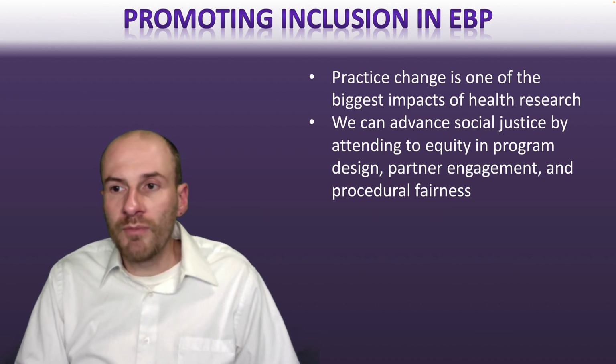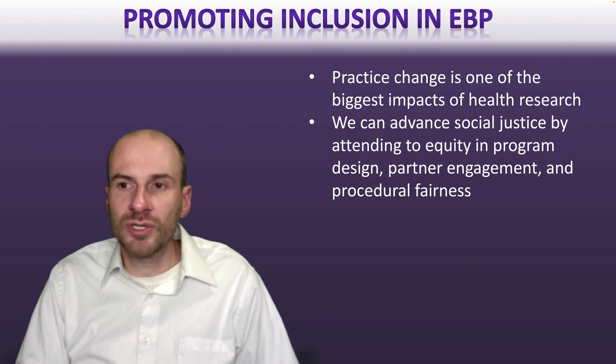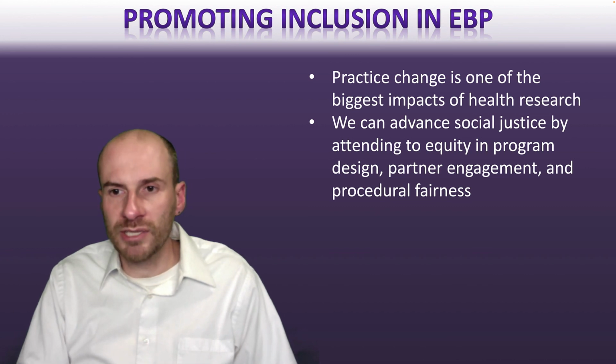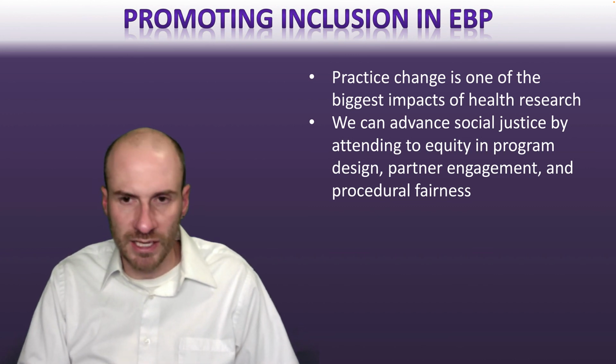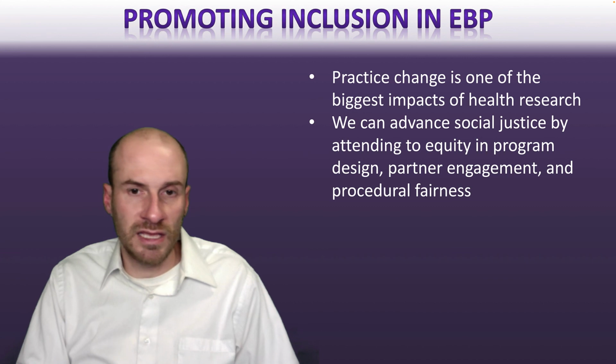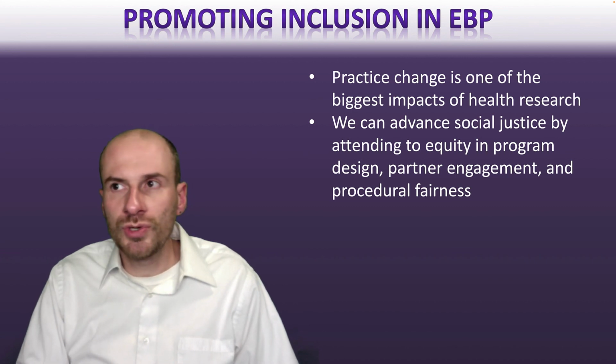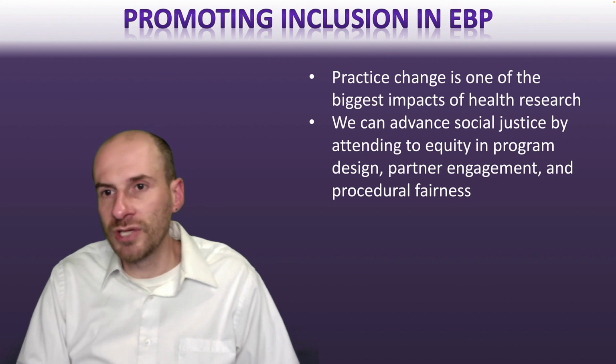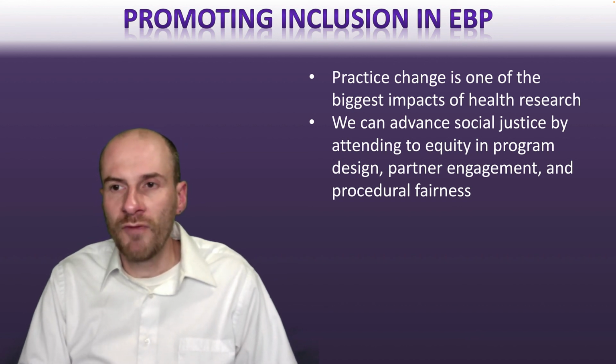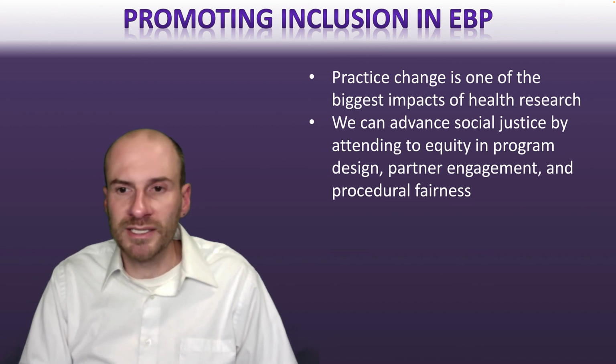And one major way to advance social justice is to take the same attention that we might take to research and apply it to these health programs, in our process of analyzing the research that exists, to create programs that are equitable and fair and allow everyone to benefit from the new knowledge that we're trying to integrate into our improved practice.